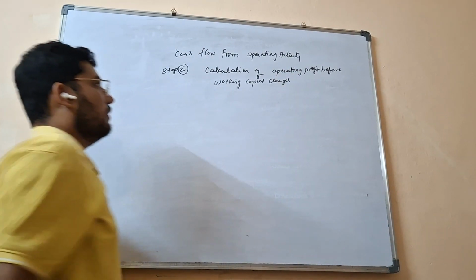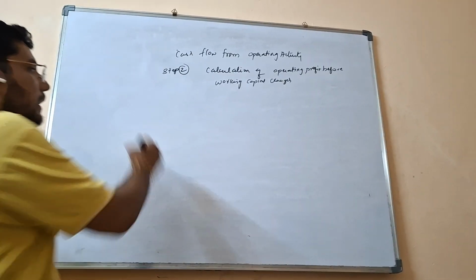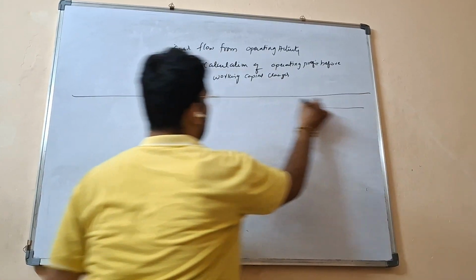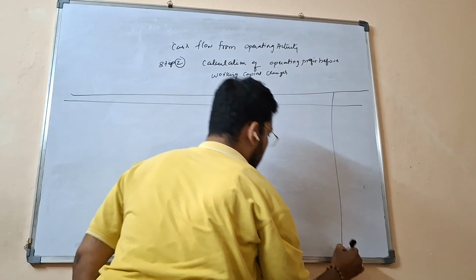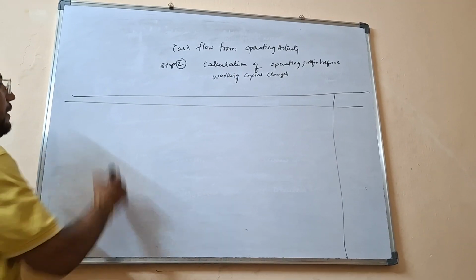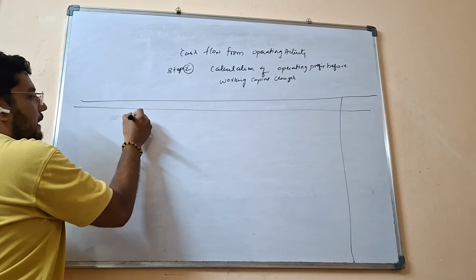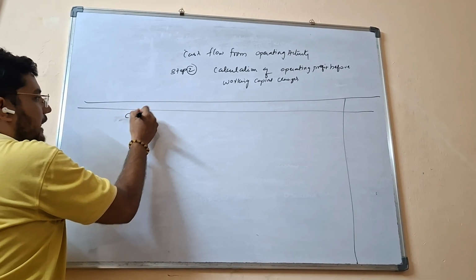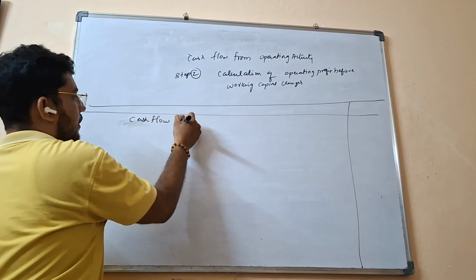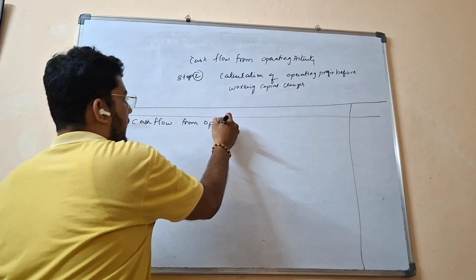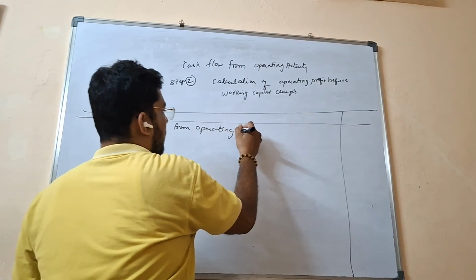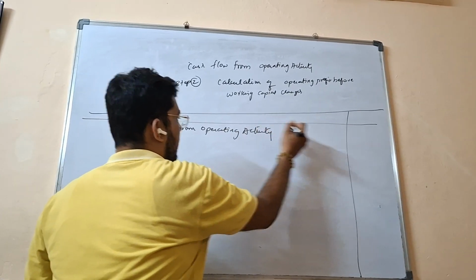Now this part onwards, that is step 2 onwards, we can take it in cash flow statement. And first we are going to take up as per step 1, that is net profit, or first we'll write cash flow from operating activity. Cash flow from operating activity.